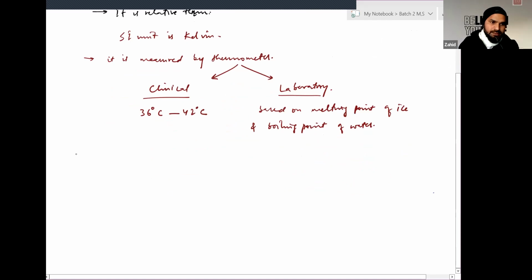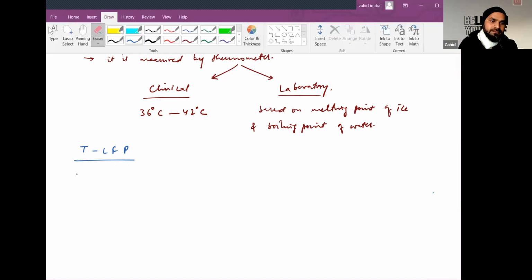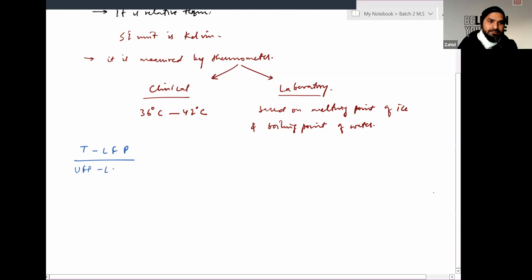For any scale, just remember one thing: (T minus LFP) divided by (UFP minus LFP) is always constant for any scale. In this expression, T is the temperature on that scale.